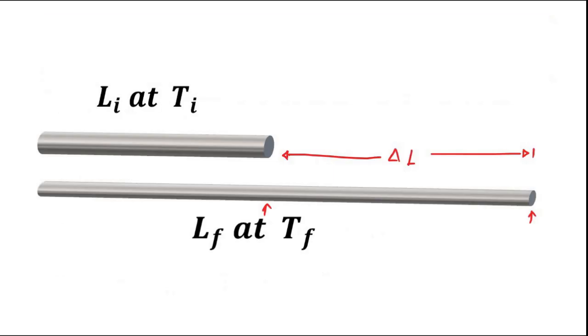Now it has been found that this increase in length is directly related to some factors. First, it is directly proportional to the change in temperature. So the more the change in temperature, the more the change in length.